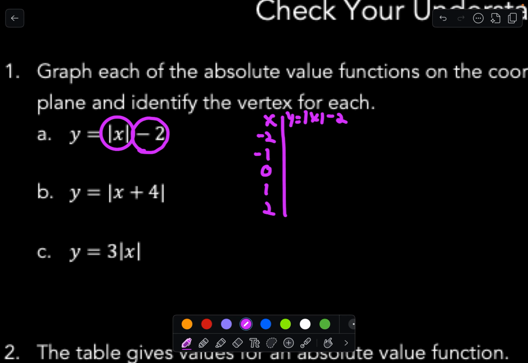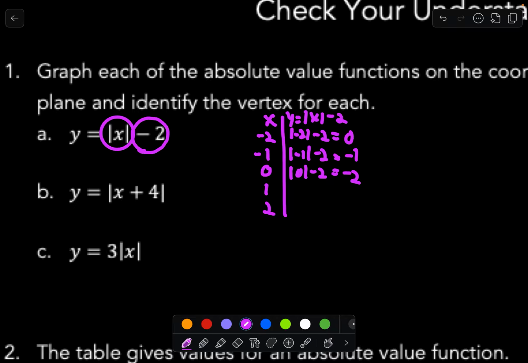So when x is -2, the absolute value of -2 is 2, minus 2 equals 0. Plug in x equals -1, and we get the absolute value of -1, which is 1, minus 2, and that's -1. When x is 0, we have the absolute value of 0 minus 2, and that's -2.